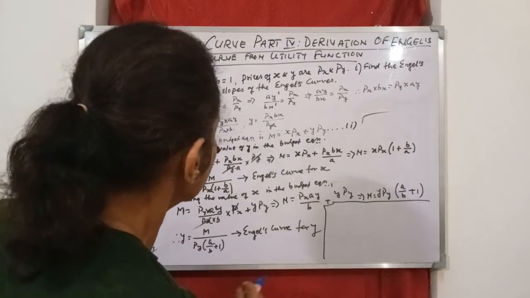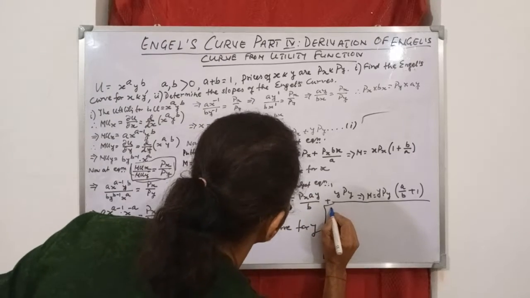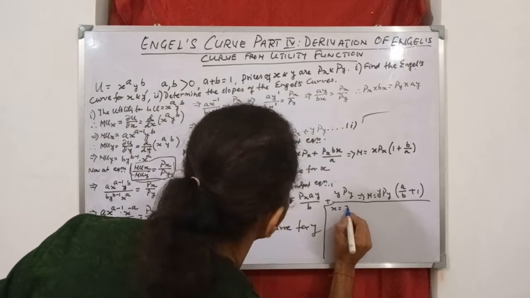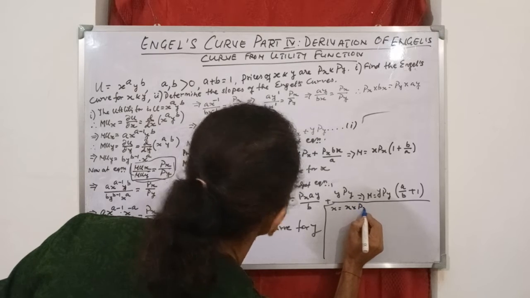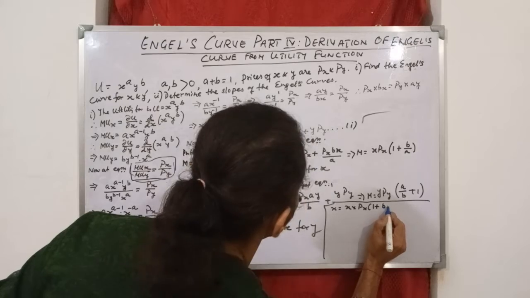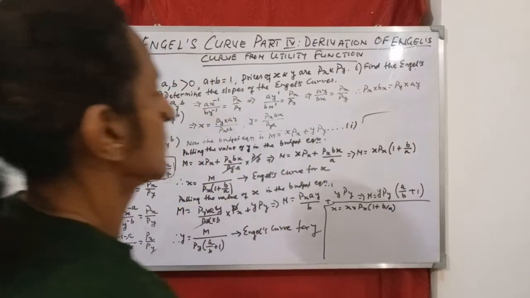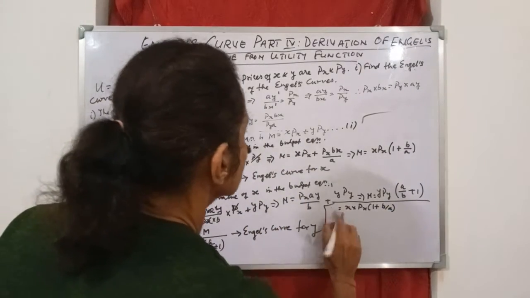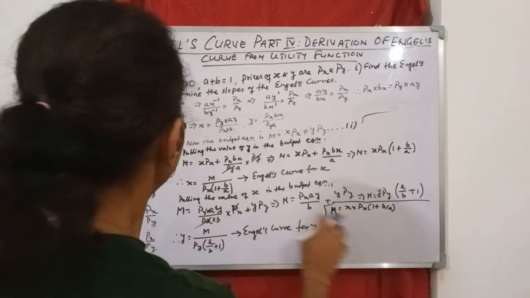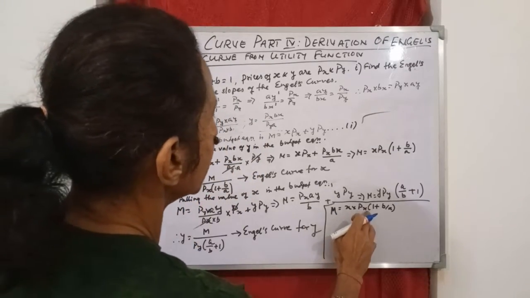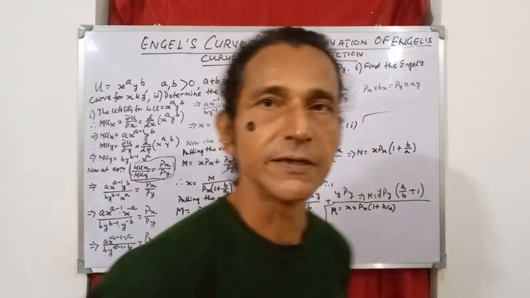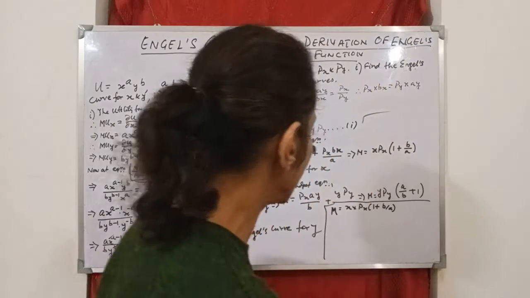First come to Engel's curve for x. m equals x into px into within bracket 1 plus b by a. Now the slope of the curve is given by dm dx, that is we have to differentiate m.